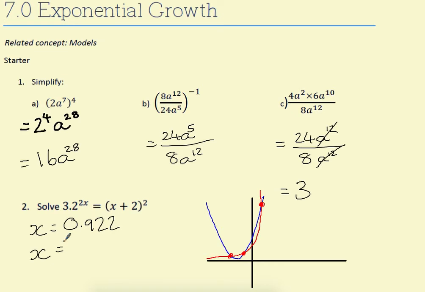Okay, my next intersection point is -1.89, and my final one is -2.09. So there are my 3 solutions.